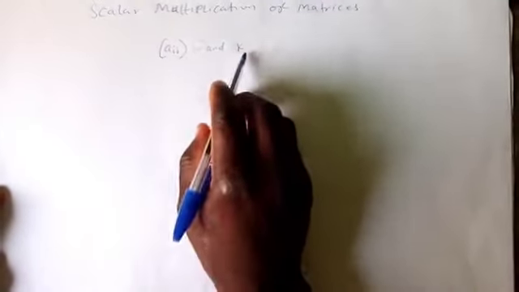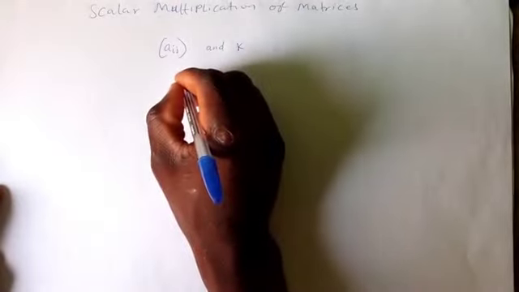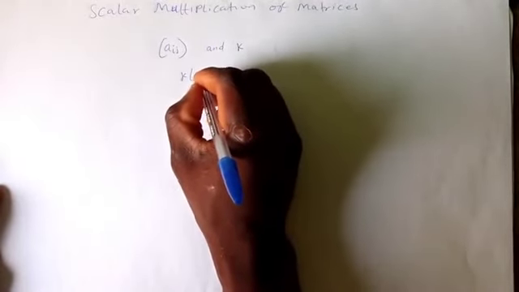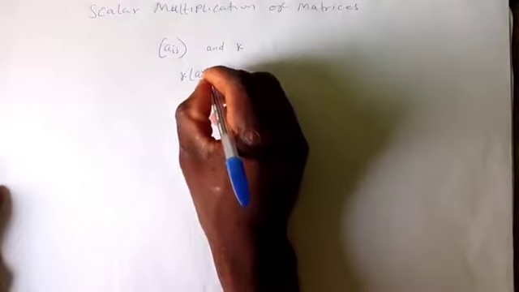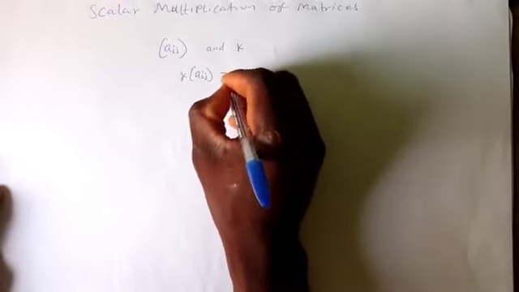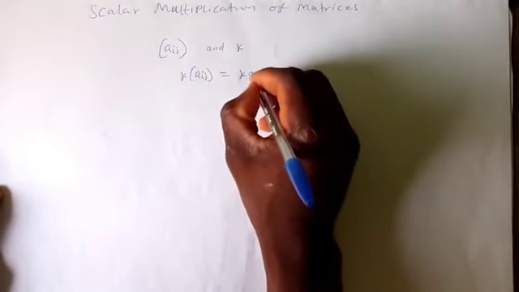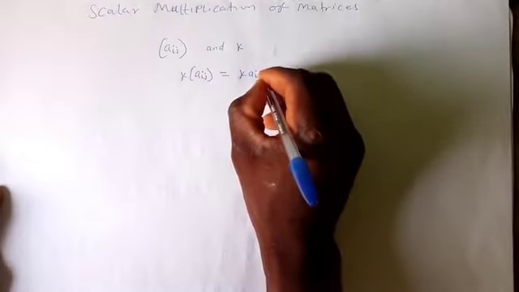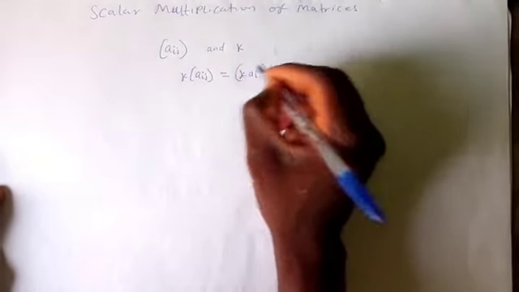E.g., k times the matrix Aij, which is equal to what? kAij as the new matrix.